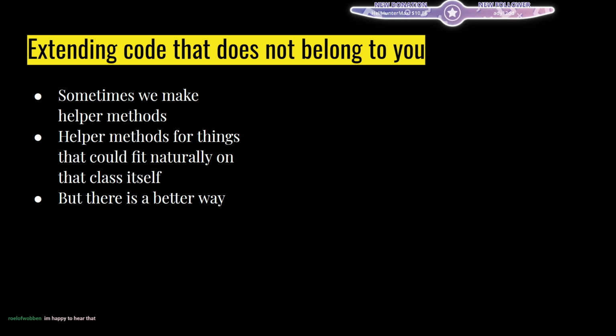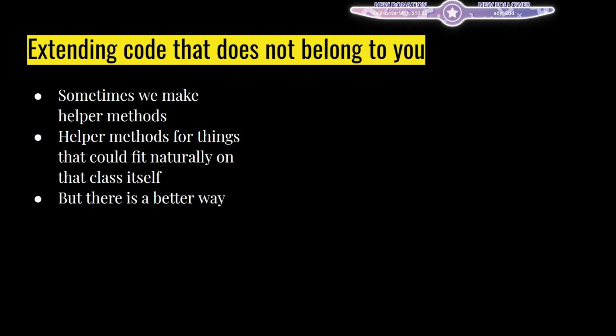So sometimes we want helper methods. So we make a helper method which takes a string or a person or something else, and we work with that thing. But sometimes it feels that it would really suit if we could add that method in the class itself and call it from the object itself, not pass it as an input.